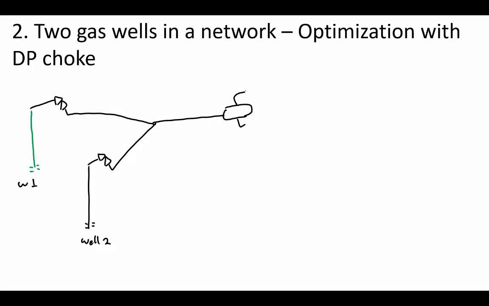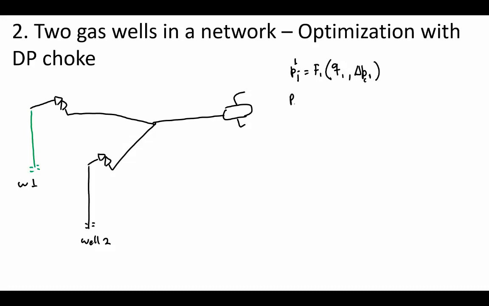Like in the previous case, we can look at this: the pressure at the junction seen from well 1 is equal to a function 1 of Q1 and delta P1 of the choke.